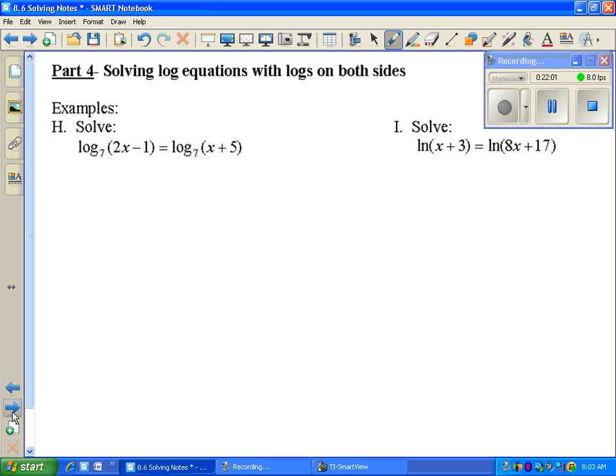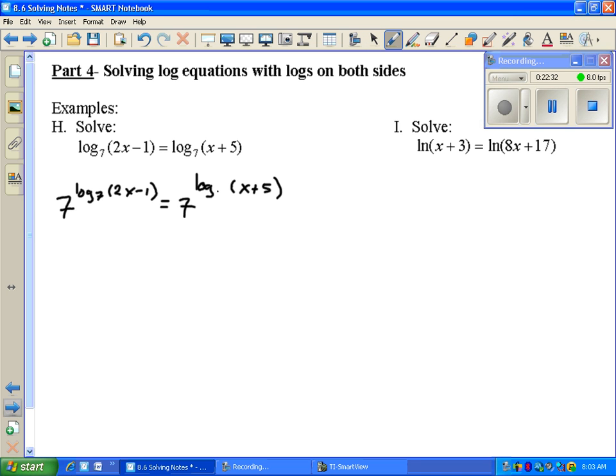So at this point, I have a log base 7 on the left, and log base 7 on the right. So I'm going to do 7, and now this is my entire exponent of log base 7 of 2x minus 1 is equal to 7 to the log base 7 of x plus 5. Let me fix that.